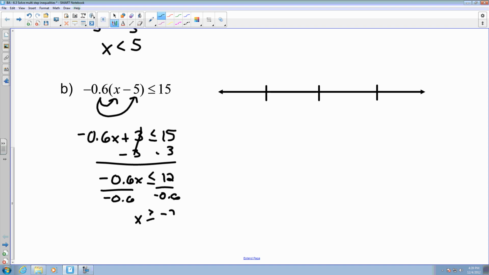So now it is x is greater than or equal to negative 20. So as I graph my inequality, I'm sorry, this should be negative 19, and this is negative 21. We have a closed circle, and my inequality is to the right.